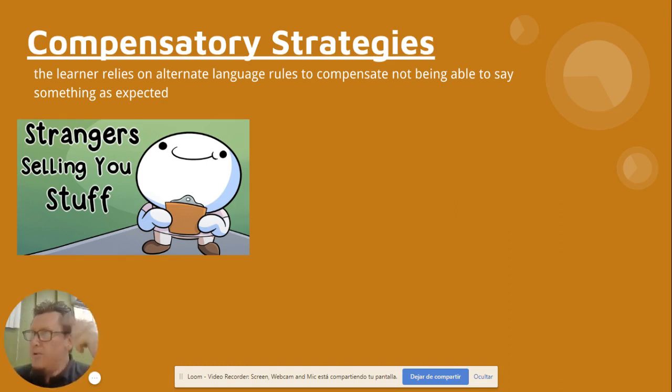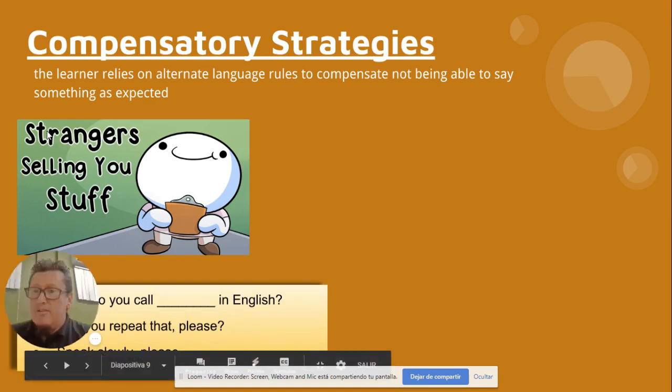That means that you don't have this and this. So for these other input strategies, we need to take this one and this one, work with these so that you can move aside that compensatory and then reinforce your language production. Compensatory strategies are not a bad thing. They're actually a good thing because it keeps the conversation going. But you don't want to rely on compensatory strategies for your entire life. That's the only thing.